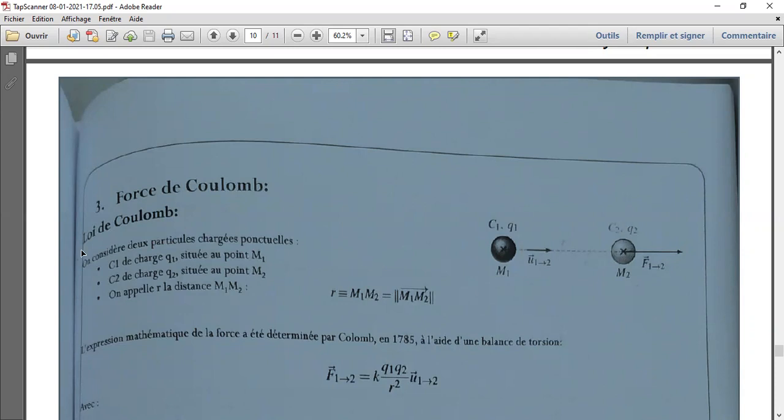So we start here. It says "on considère des particules chargées ponctuelles." When I talk about punctual, basically they are talking about charges which are isolated, charges which you yourself can see.